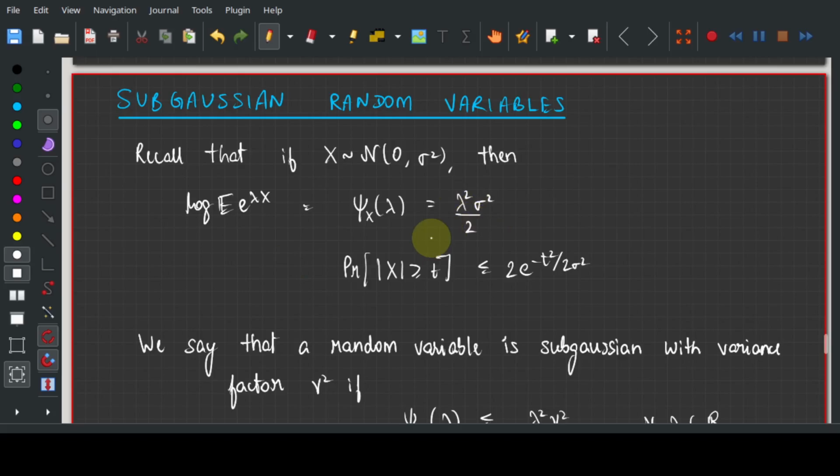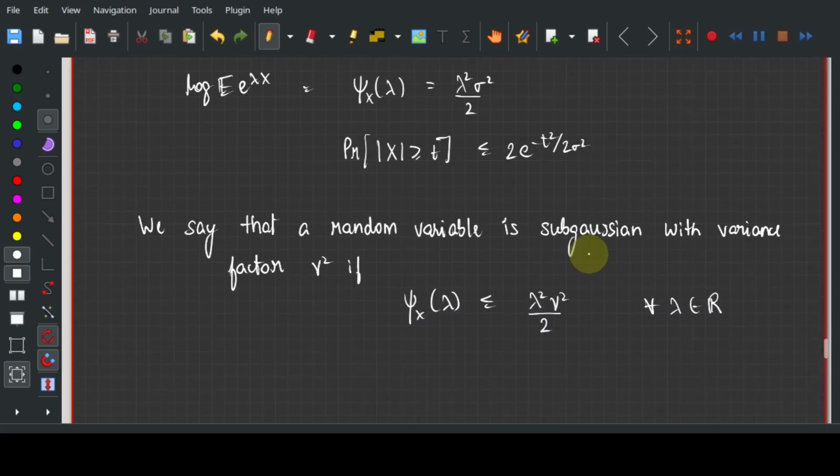And because this takes this particular form, some constant times lambda square, when we optimize over all possible lambda, we get a tail bound for probability absolute value of x greater than or equal to t. This turns out to be less than or equal to 2 times e to the minus t square by 2 sigma square. All right, so this is what we've seen so far.